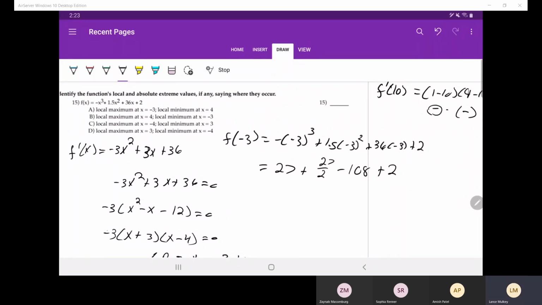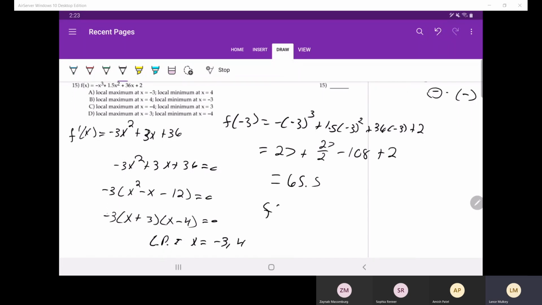Oh, wait. It is right. He just didn't put the values right here, but you still have to solve for all this. Which equals negative 65.5. And then we're going to do f of 4: negative 4 cubed plus 1.5 times 4 squared.